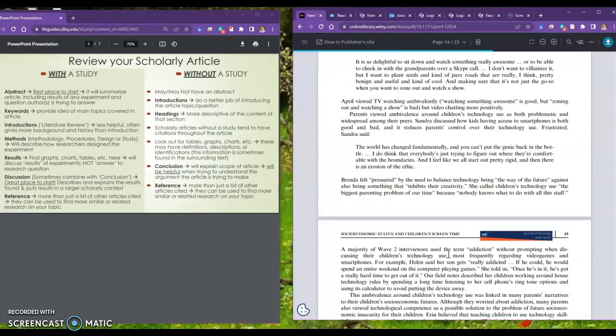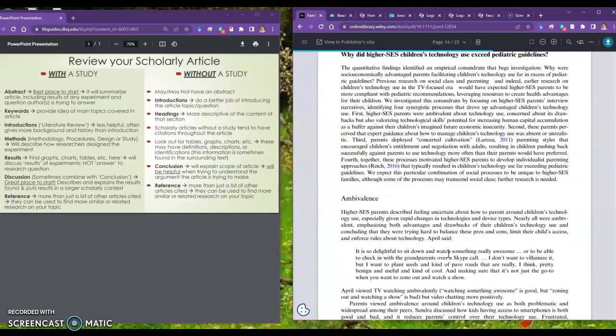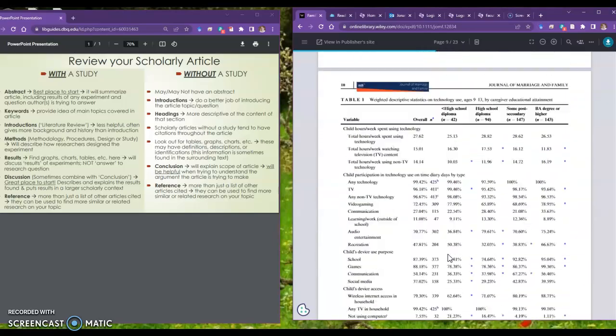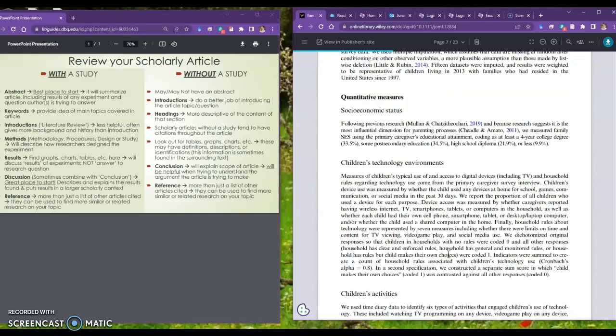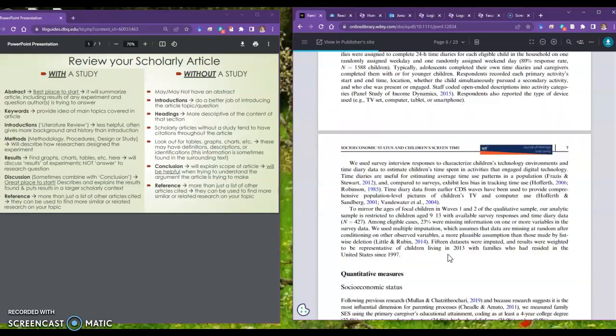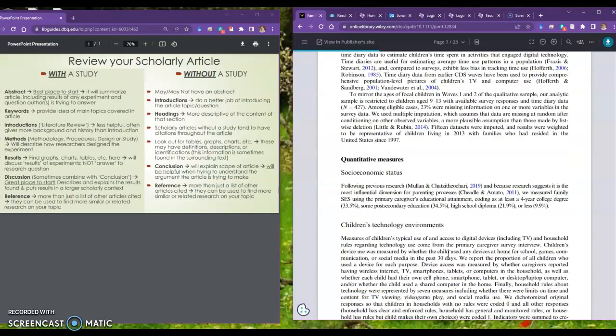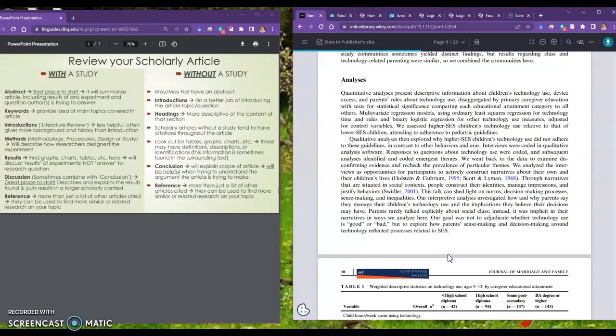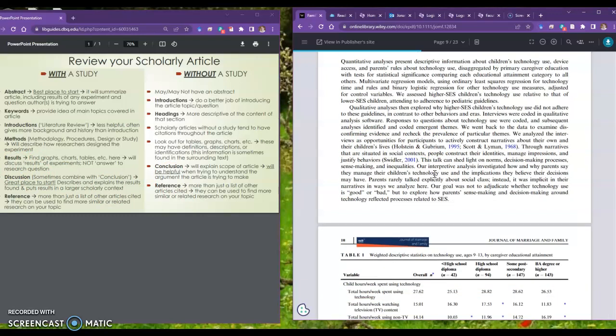You get about 90% of the information from those two sections if you use the sandwich method. The rest is your methods. You can skim the methods, the qualitative data, and then your analysis, that's your results. That might have information, but still the discussion is much better to use first.